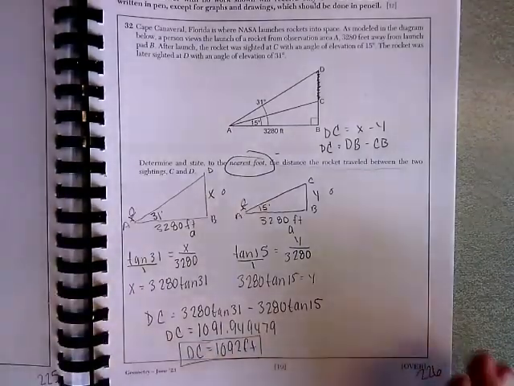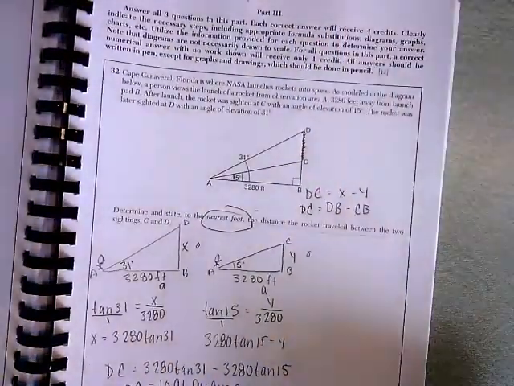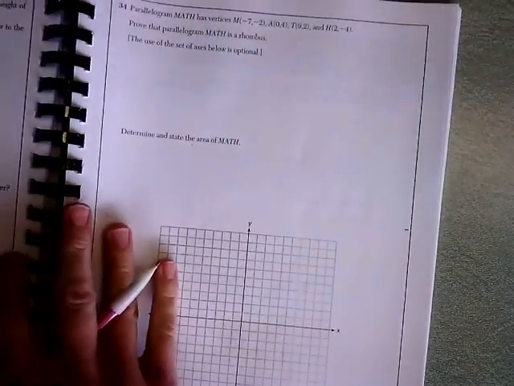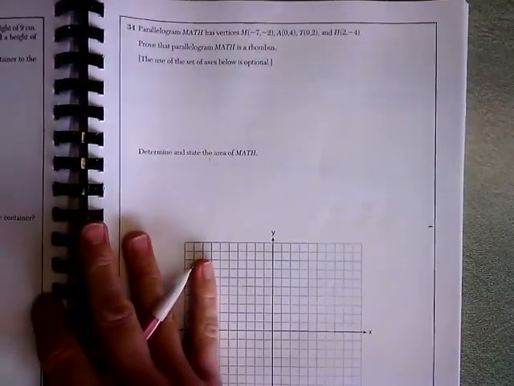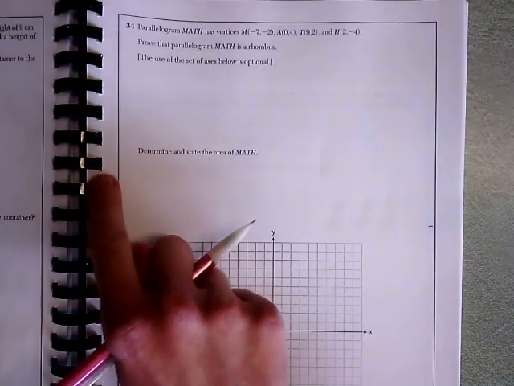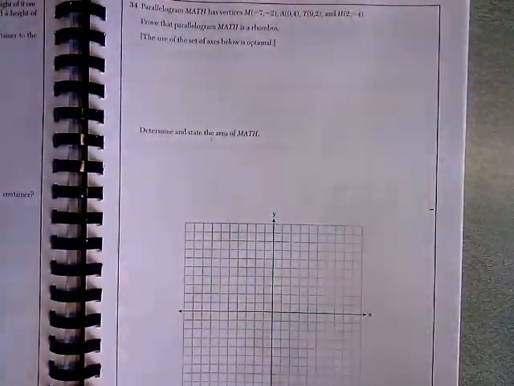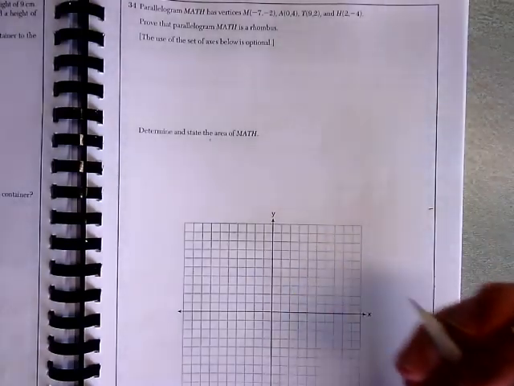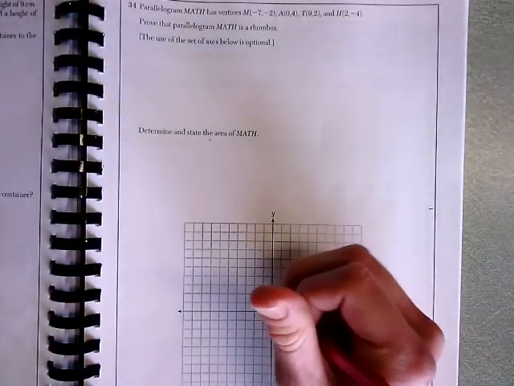All right, so let's take a look at question 34. So parallelogram MATH has vertices M, A, T, and H. We're going to first prove that the parallelogram MATH is a rhombus. So let's first plot these points, and then we're going to talk about what a rhombus is. So M is -7, -2.